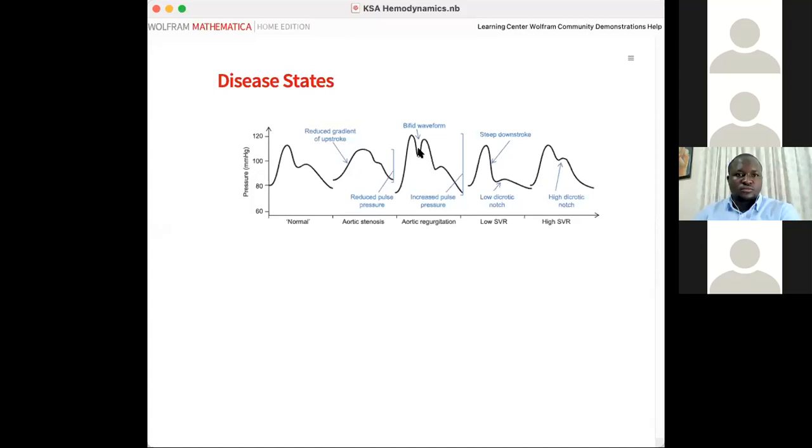When you have a regurgitant valvular lesion, the rise tends to be very vertical, which is characteristic of hyperdynamic circulation. In aortic regurgitation, you get the bifid wave. When you have sepsis with reduced systemic vascular resistance, your dicrotic notch is near the floor, and when you have intense vasoconstriction, your dicrotic notch is near the roof.